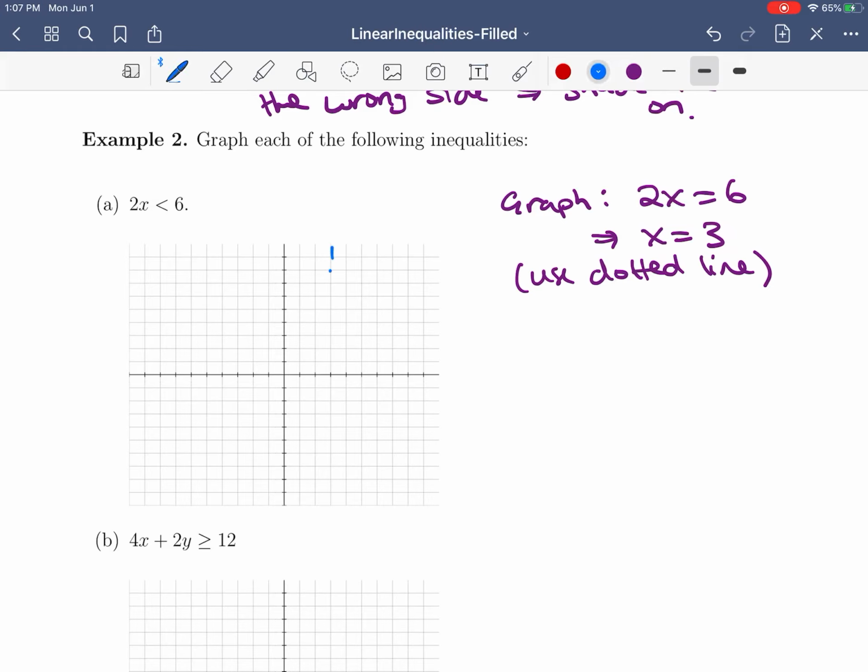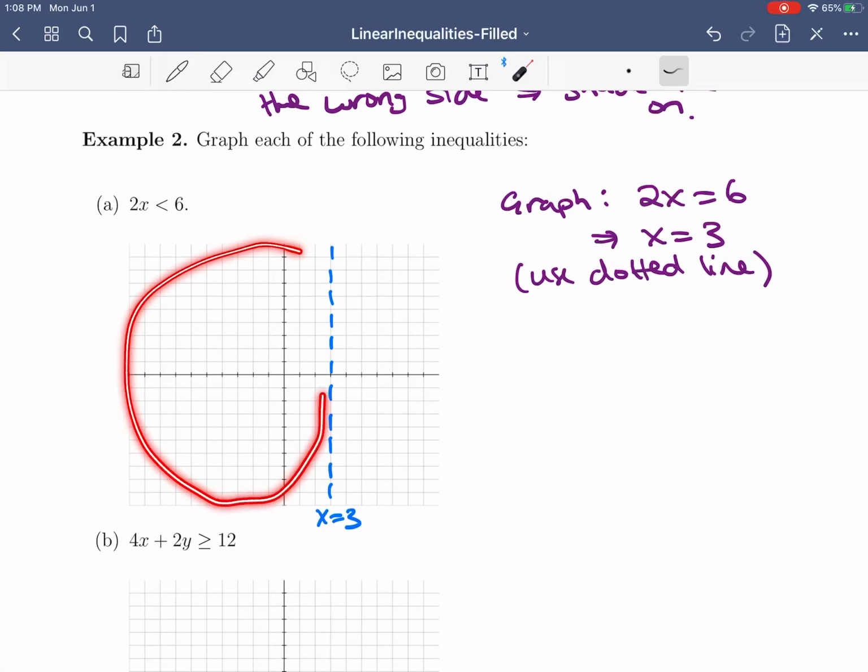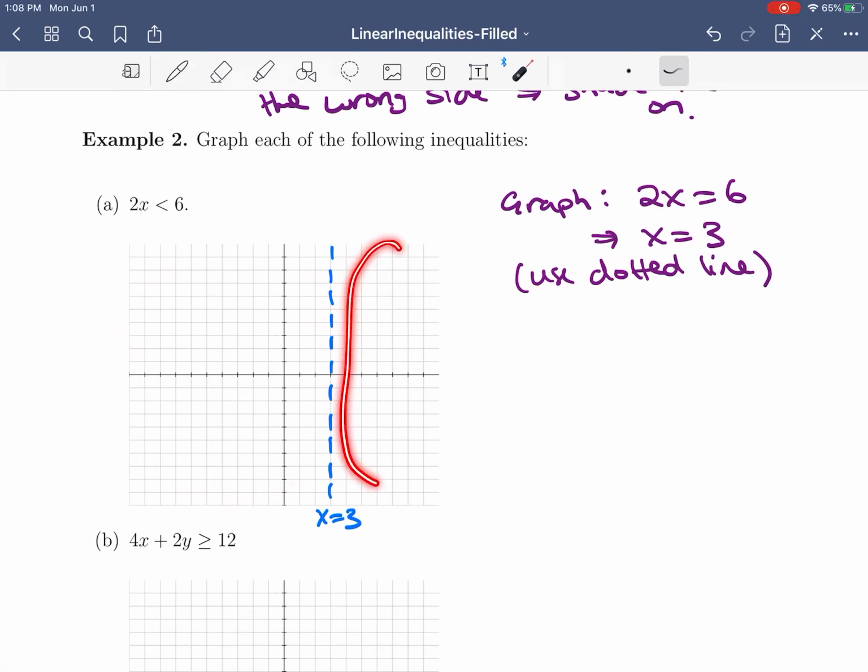So x equals 3 is a vertical line, at x when x is 3. Okay, so that's the vertical line. That line is going to divide our xy plane into to the left of the line and to the right of the line. So we just want to test a point. Okay, so that's step 1.